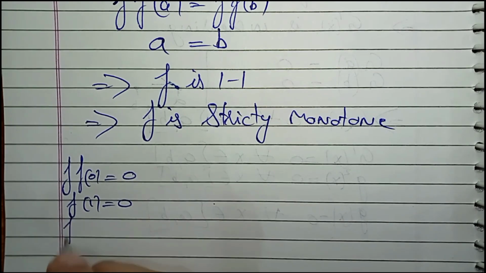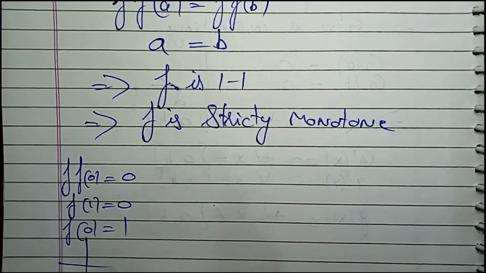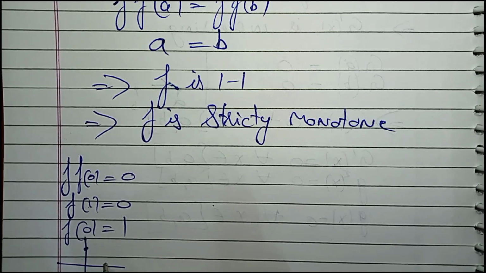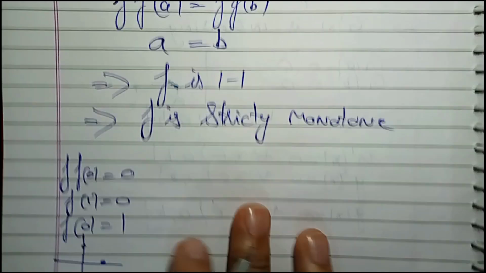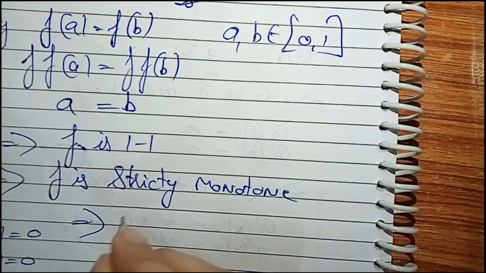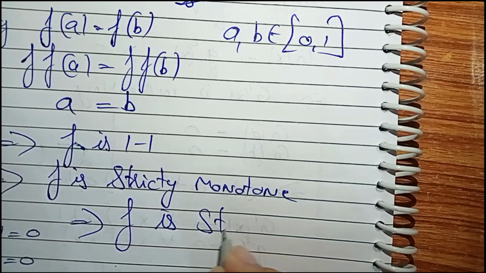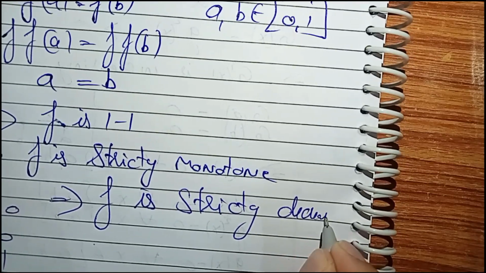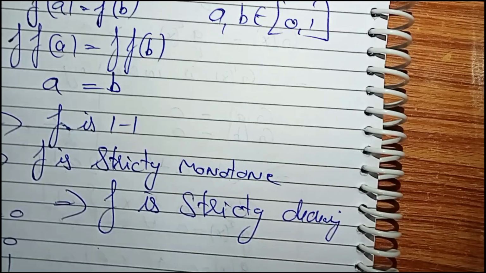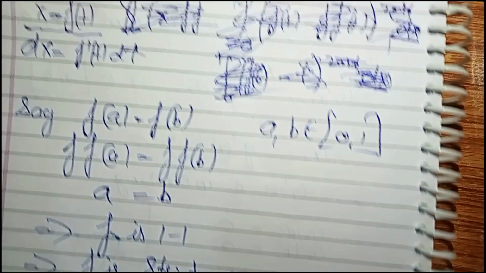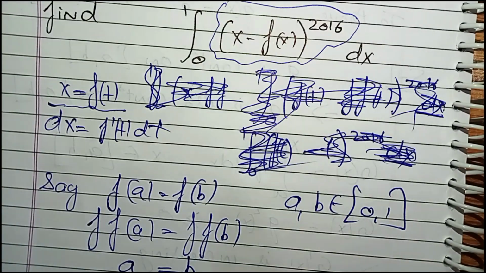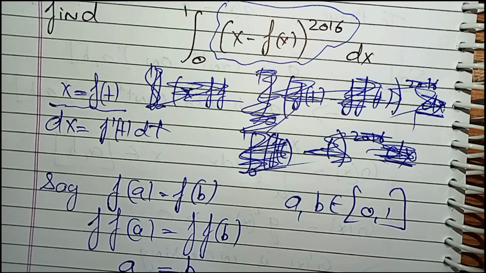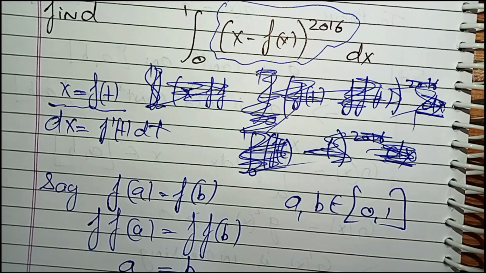So function f of 0 is 1 and f of 1 is 0, so it's decreasing, you can see. So it implies f is strictly decreasing. Okay, now I think we are well settled to do this substitution. So let's begin with that substitution now.